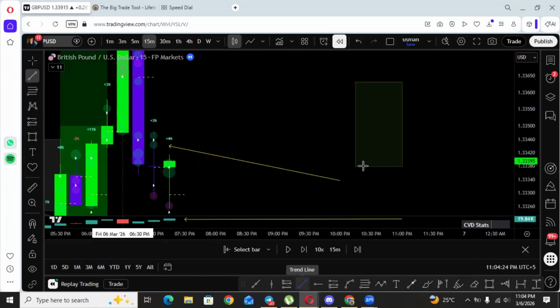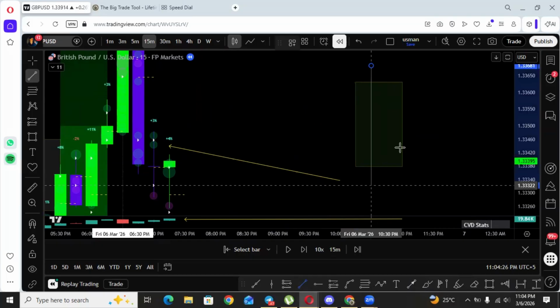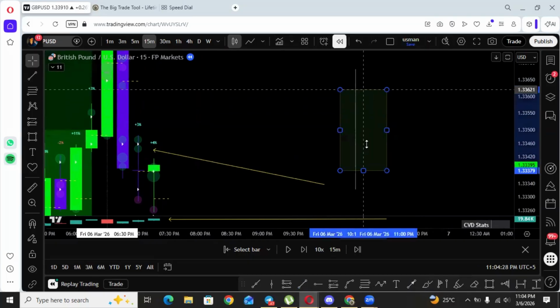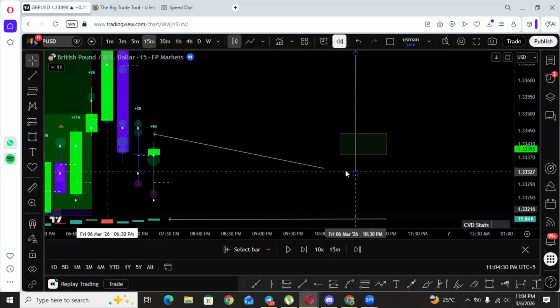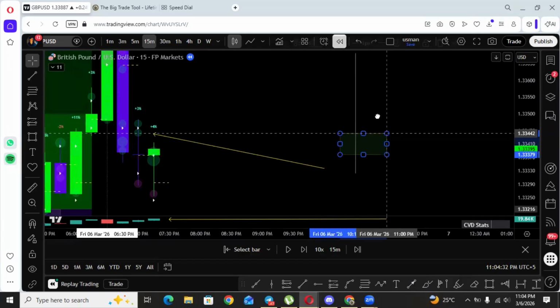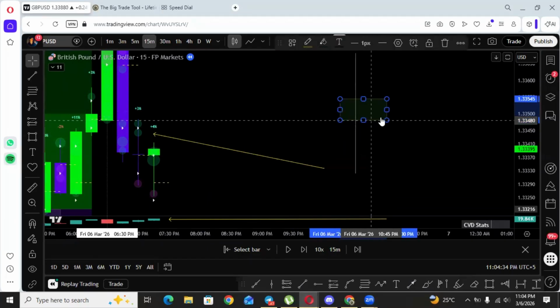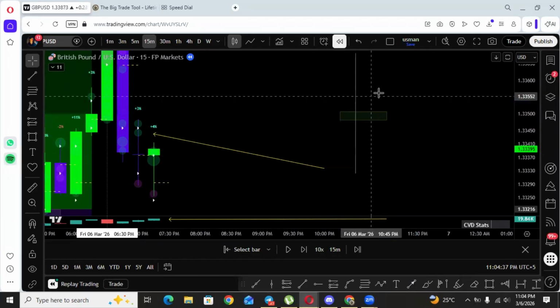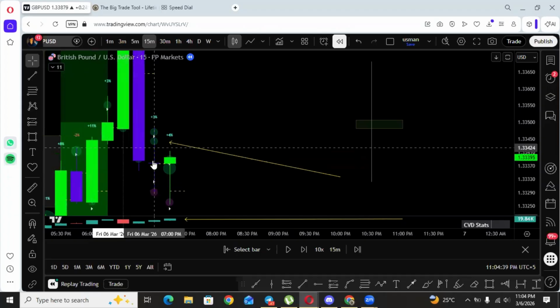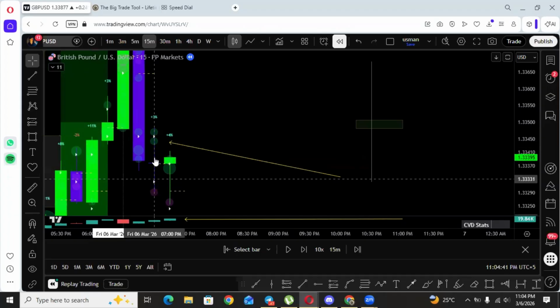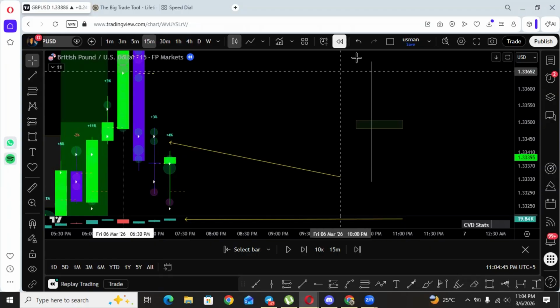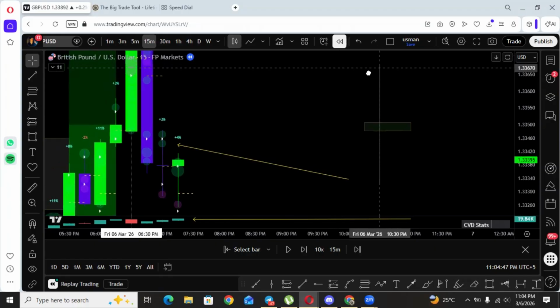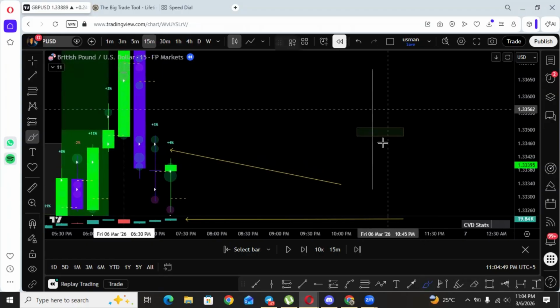So this is how this candle forms. The candle we are seeing, I am duplicating this candle.